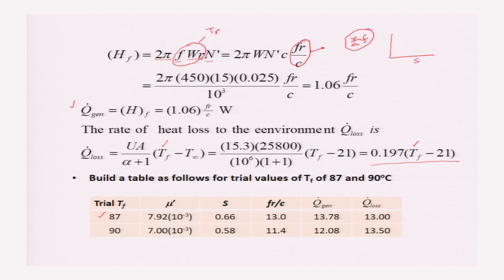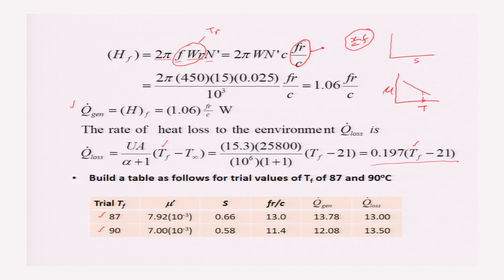For a lesser value of mu, the temperature should be more, because the relation between temperature and mu is something like this. We want a lesser value of mu, so the temperature will be more. So, we are increasing the trial temperature to 90 degrees.